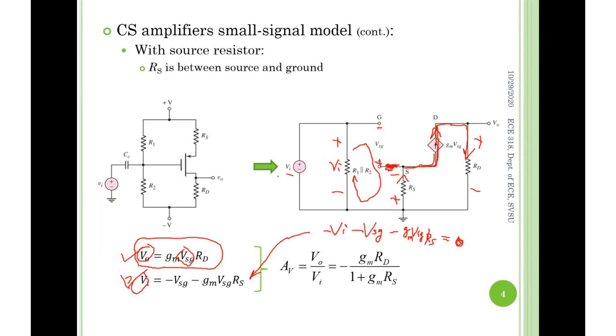Of course, for this second circuit, the key is how to deal with the RS. First of all, you need to have it presented in the small signal circuit. Second, you need to know how to take care of this input equation. And as to the ro, once again, read the problem carefully.